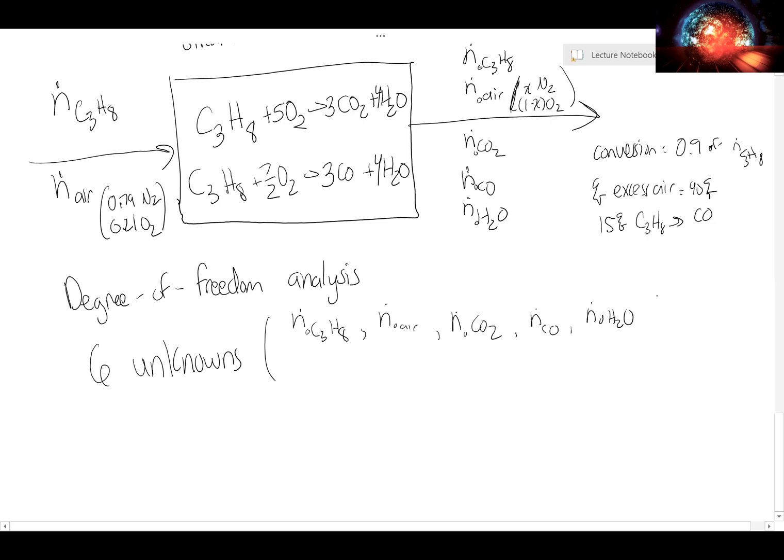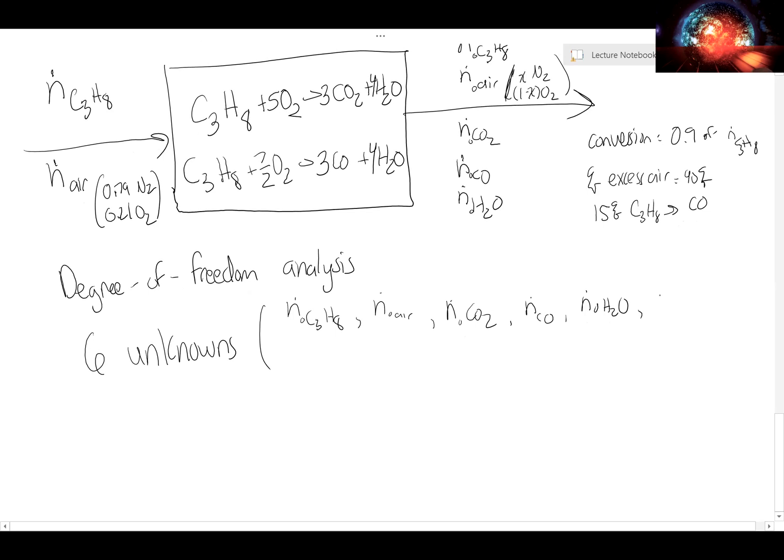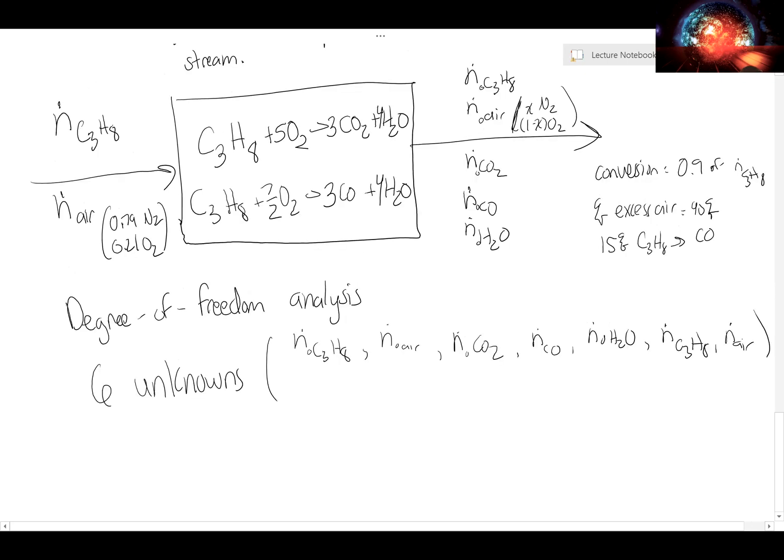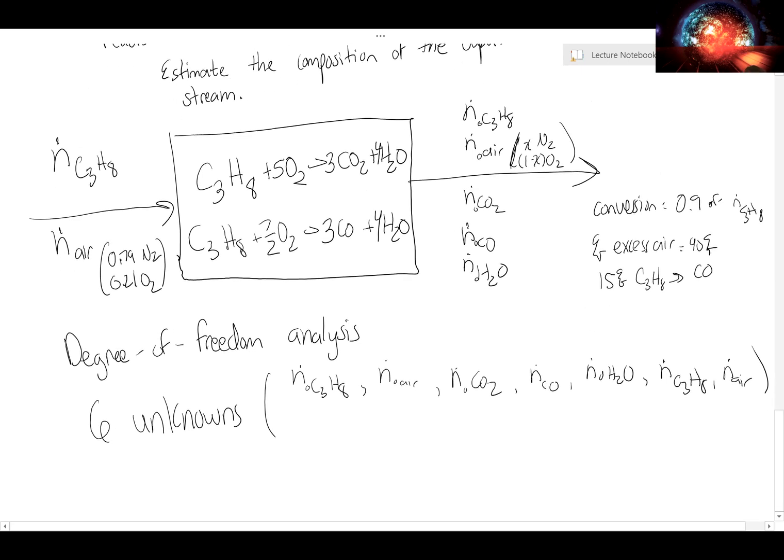Now, this is where it can get a little tricky. I don't know the flow rate coming in or the flow rate of air coming in, so it really looks like 7 unknowns. But I can take a basis for this problem and reduce that to 6.